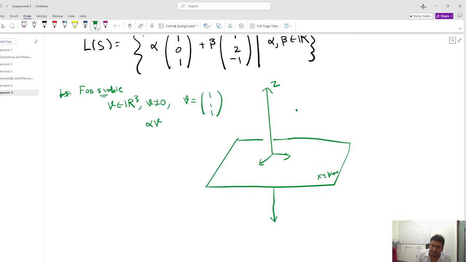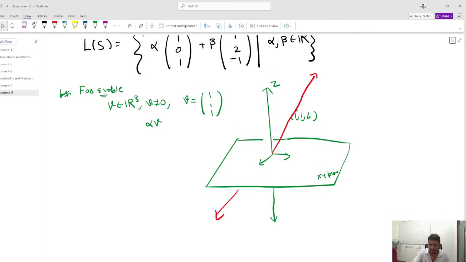So (1, 1, 1) is a point somewhere here. So what does alpha v tell, alpha times (1, 1, 1), (2, 2, 2). If I want to plot it with this red color, it is just a line which passes through the origin and goes in all directions, right?